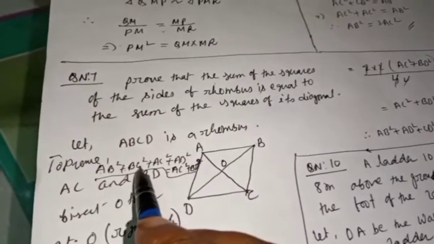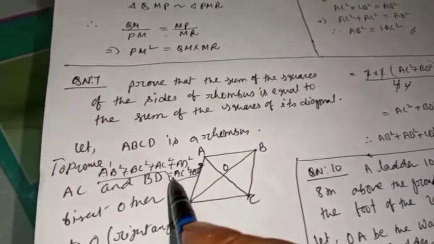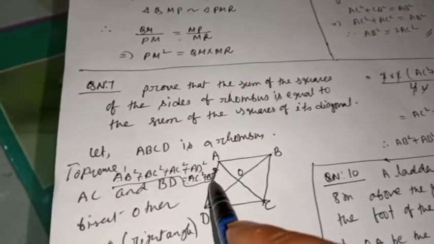To prove: AB square plus BC square plus AC square plus AD square is equal to AC square plus BD square. This one you need to prove.